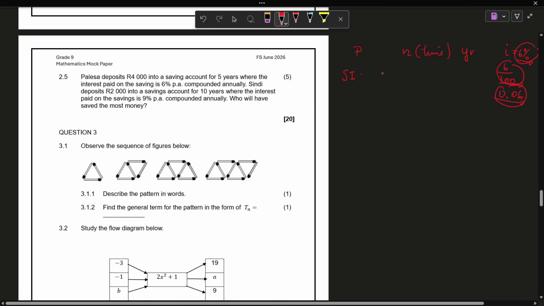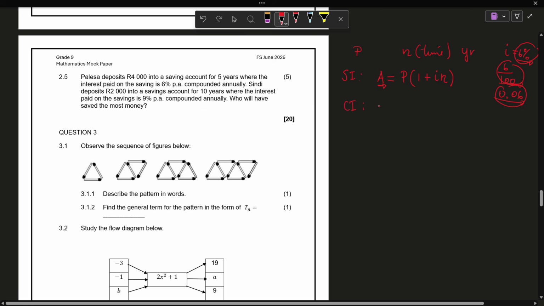It tells you how to get your accumulated amount if you put your principal amount at the bank, given a certain interest rate and a certain duration N. And what about compound interest?